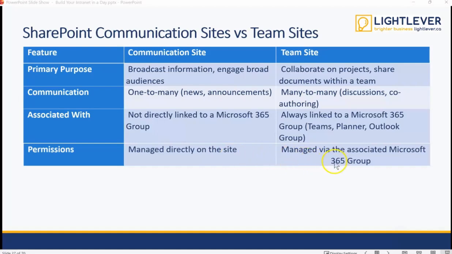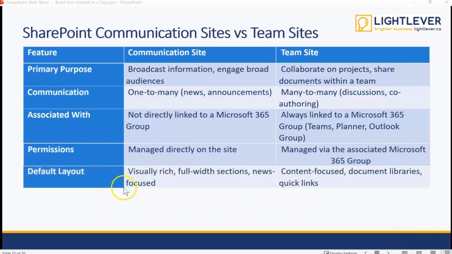Whereas with the team sites, we manage via the associated Microsoft 365 group. And this might be within Teams, because in Teams, you can add and remove members and owners, and that is actually adding and removing members and owners to the Microsoft 365 group, and therefore the SharePoint site is also affected by those permissions.